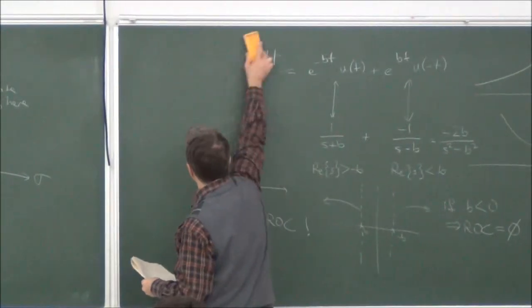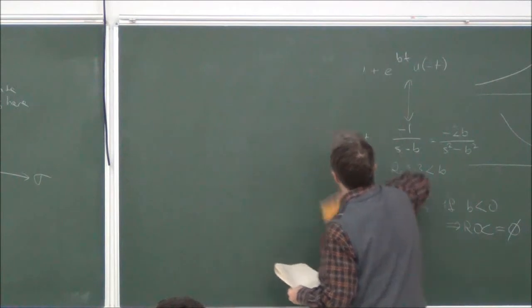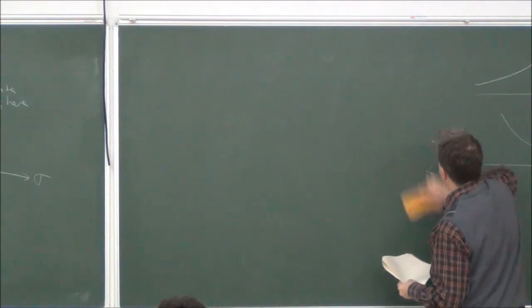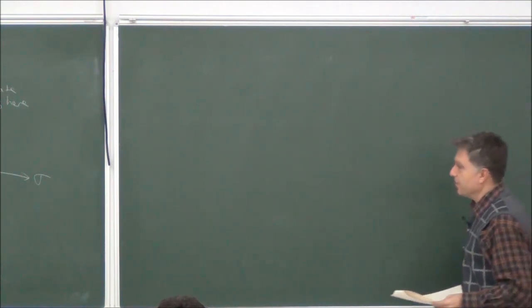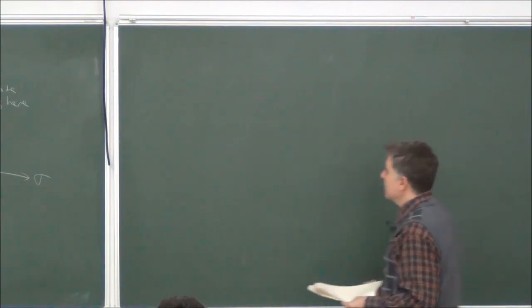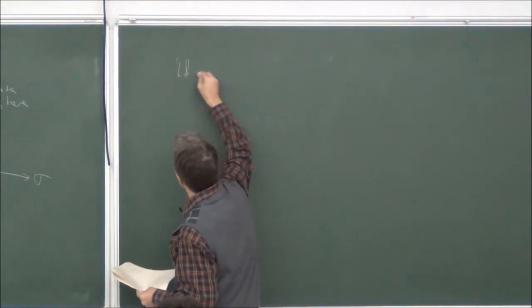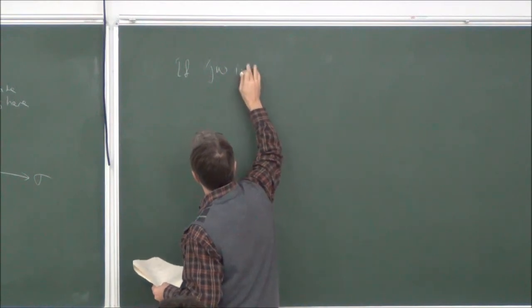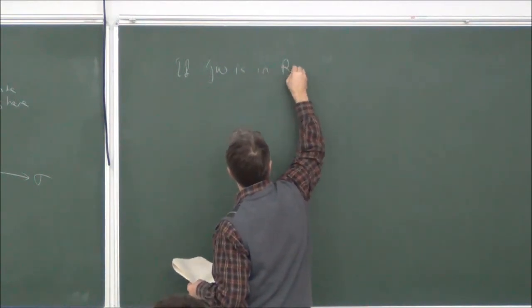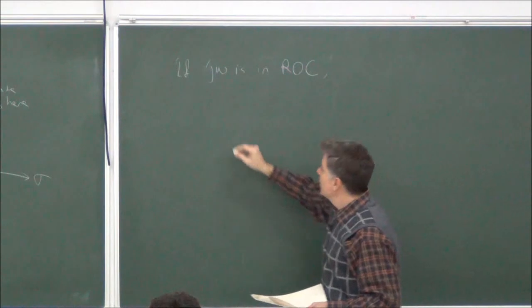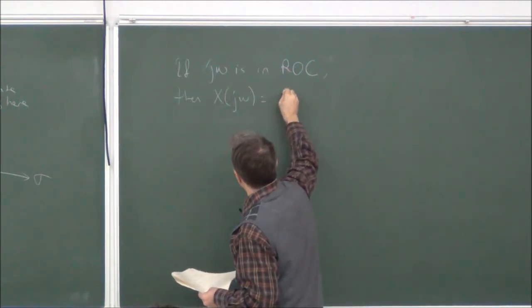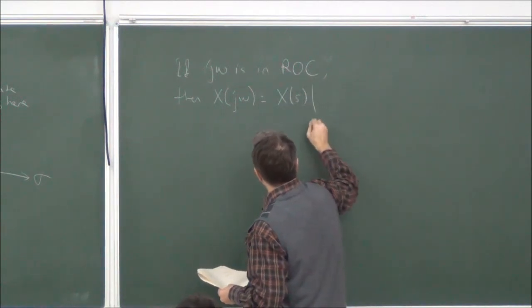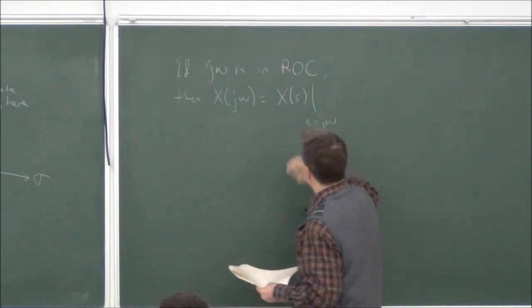Now the last thing for today is with respect to the Fourier transform evaluation from the Laplace transform, because we know that if j omega is in the region of convergence, then X of j omega is equal to X of s evaluated at s equal to j omega.